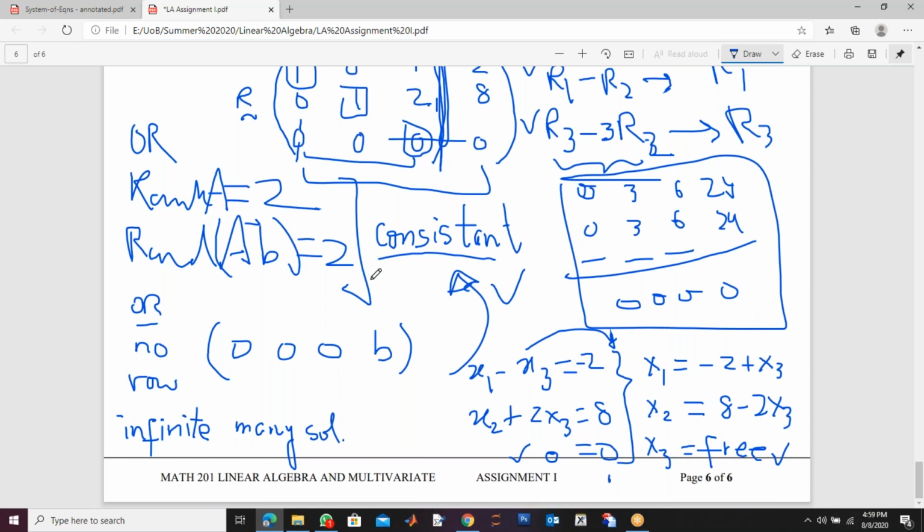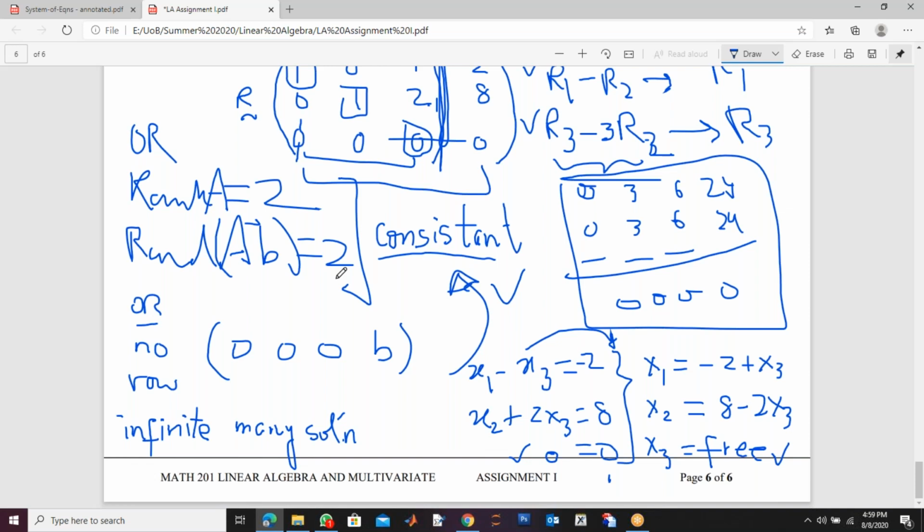So if this is less than the number of rows, you should get infinitely many solutions. If the rank of the augmented matrix is 3 and the number of rows is also 3, or the number of variables as well, there are 3 variables, 3 rows, and the rank is also 3, it means you will get a unique solution.